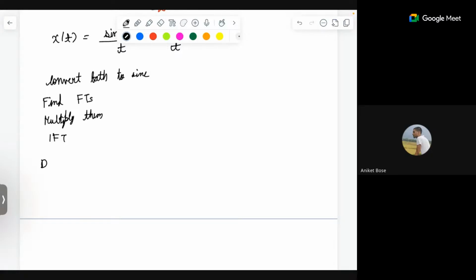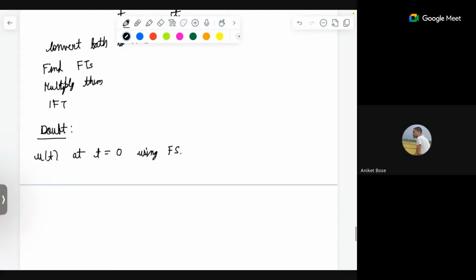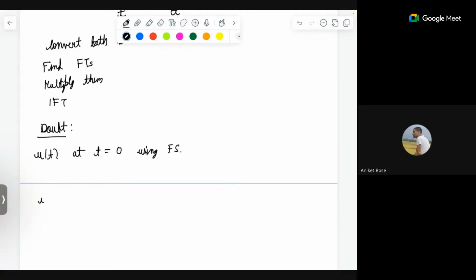Ma'am, for the unit step function, can we find the value of the unit step at t equal to 0 using Fourier series? Like, will it be half if we calculate? See, first of all, if we don't move into Fourier series, then when we define u(t), we say that u(t) is equal to 1 for t greater than or equal to 0.